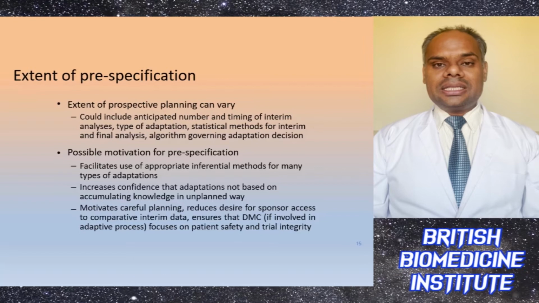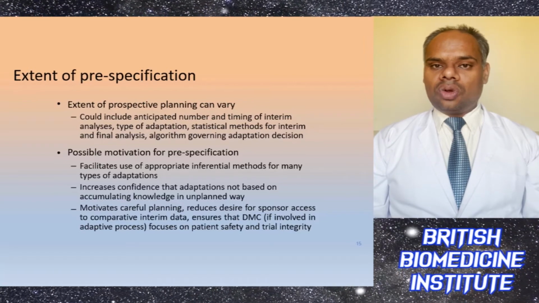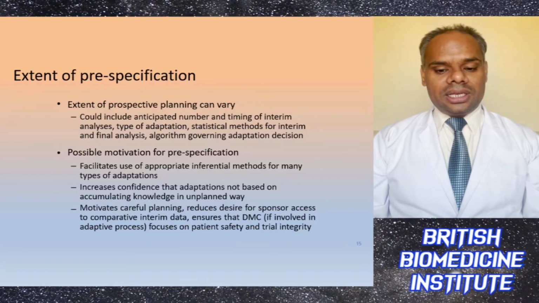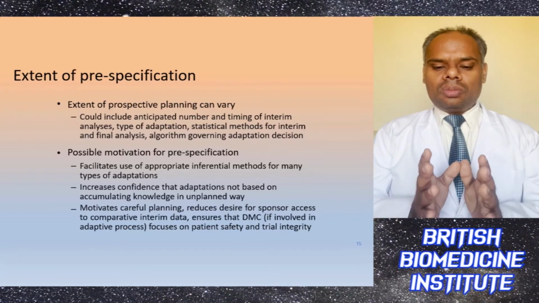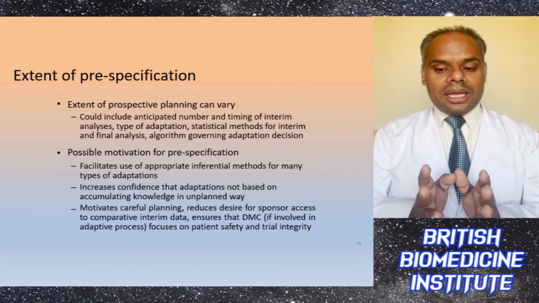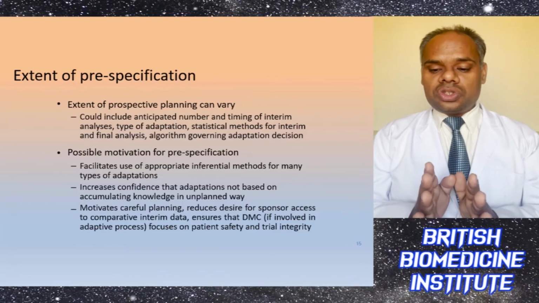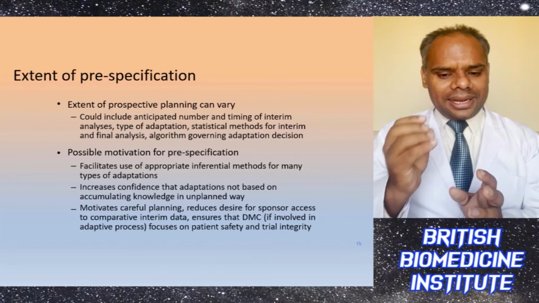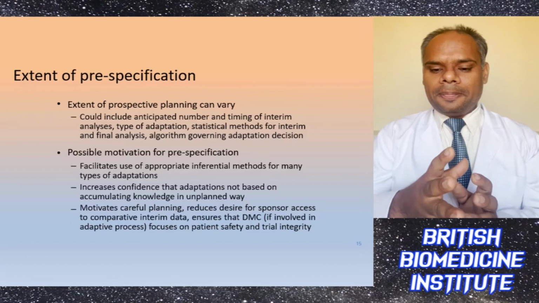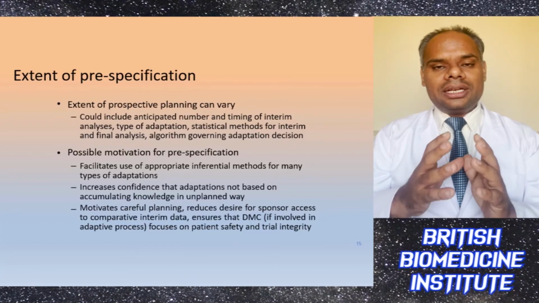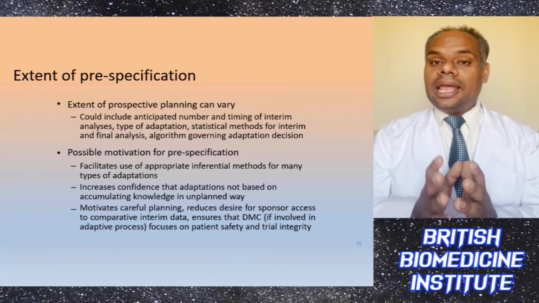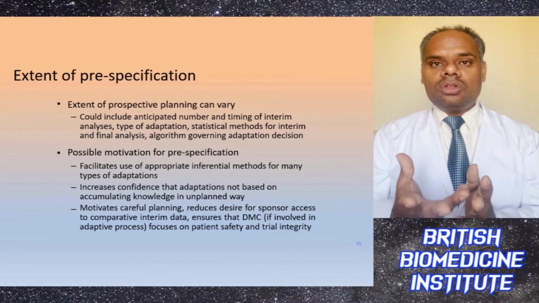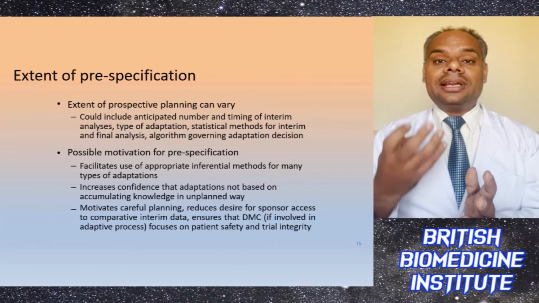It can increase the confidence that adaptations are not based on accumulating knowledge in an unplanned way. It also motivates careful planning. It reduces the desire for the sponsor to assess comparative interim data. We ensure that the DMC is involved in the adaptive process, focusing on patient safety and trial integrity.